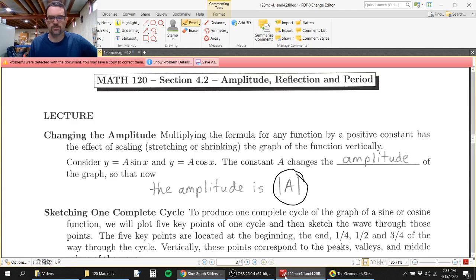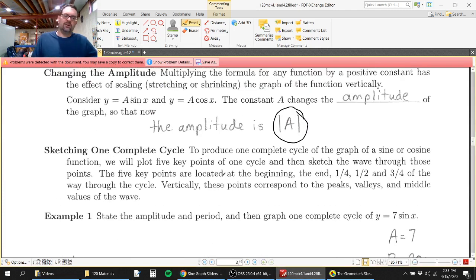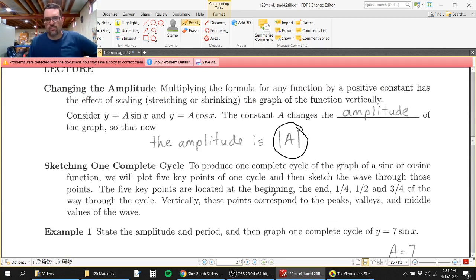All right, so in terms of sketching a graph, what we're going to do with these graphs is to make a sketch of one complete cycle of that thing. And the way we're going to do that is basically to figure out where 5 key points are. That would be, as listed here, the beginning of one cycle, the end, and then halfway, a quarter, and 3/4 of the way through.